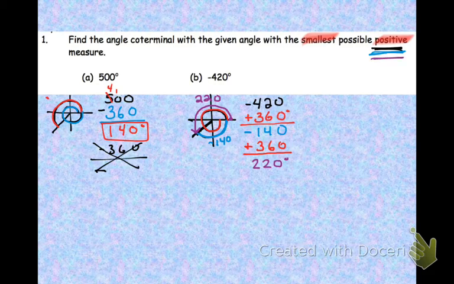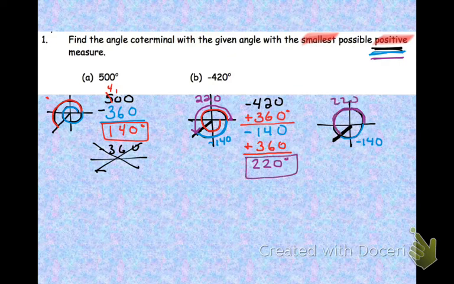What we've actually done there is we've taken our whole circle around, and we know our angle is down over here. If we know that this piece is negative 140, adding that 360 on gives us the other half of it right here, which ends up being 220. So that is our final answer for that one.